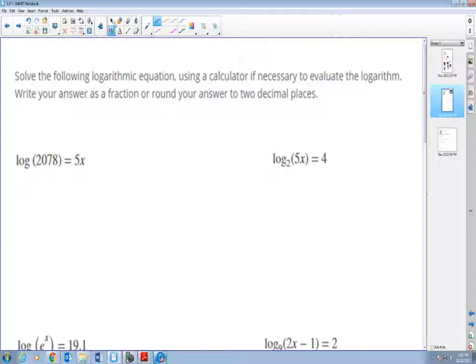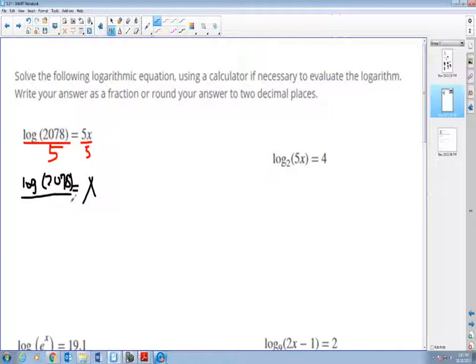But I'm not going to write it out that way, because I know log of this number is real nasty. So I'm just going to go ahead and divide both sides by 5. And what I will key in the calculator will be the log of 2078 divided by 5.